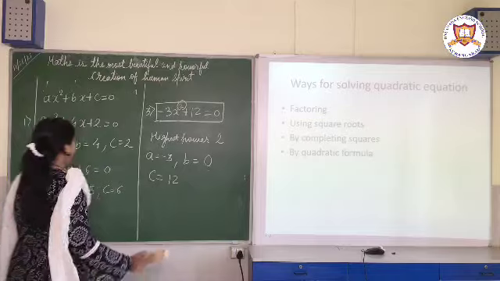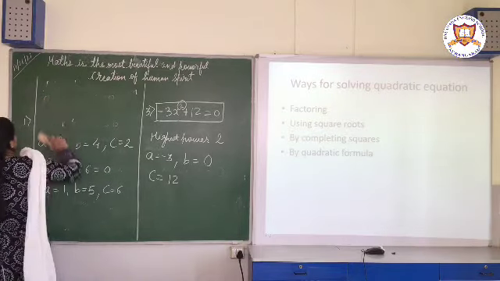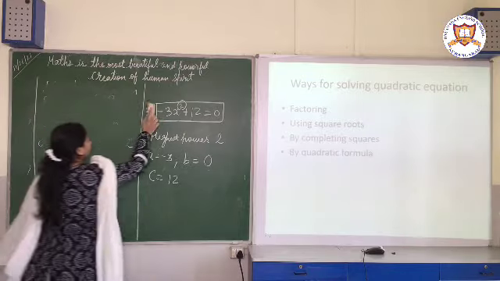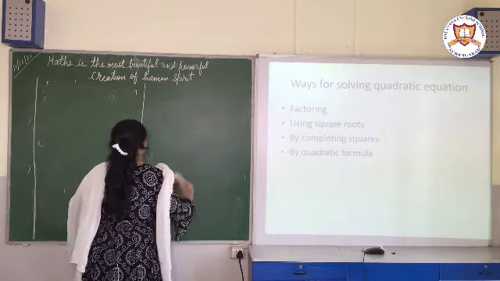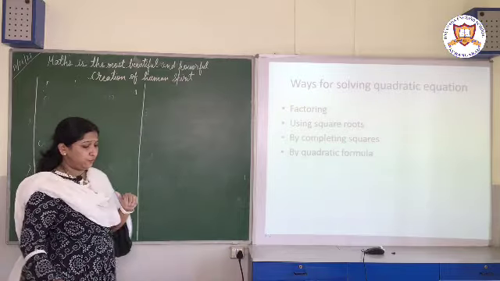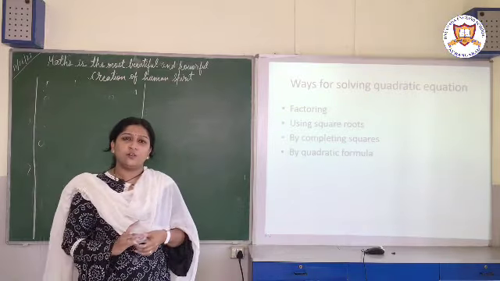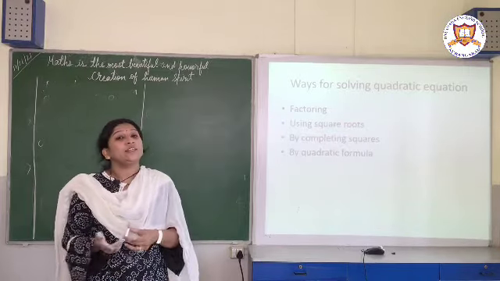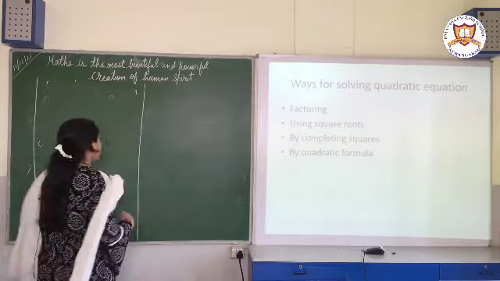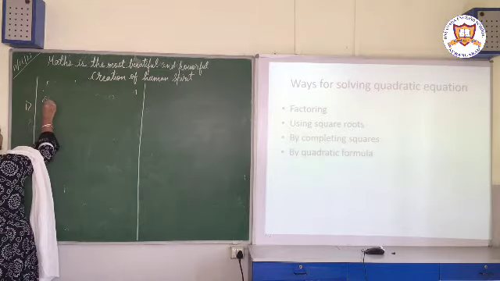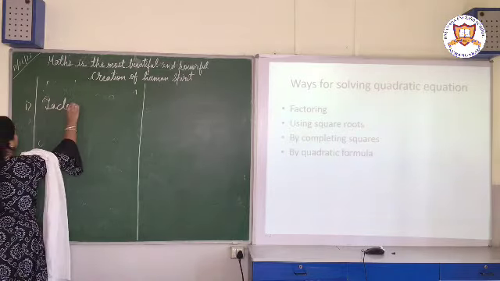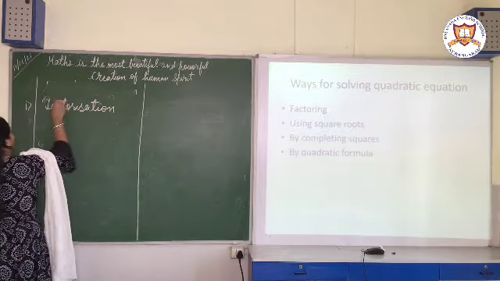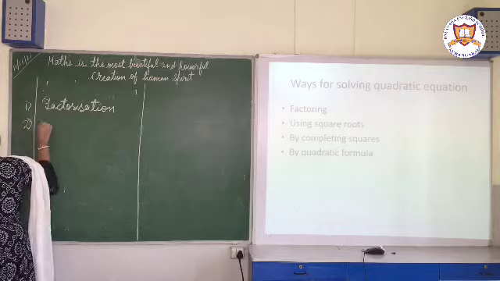Now there are different ways of solving these quadratic equations. There are 4 ways of solving the quadratic equation depending upon what type of quadratic equation it is. The first one is the factorization method, by factorizing.